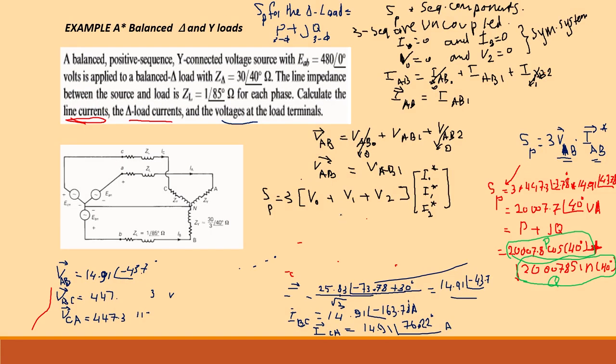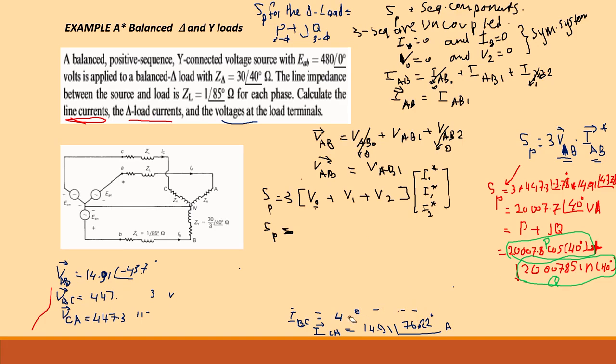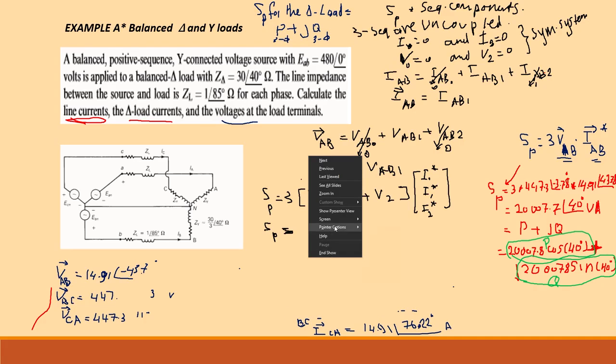Now, for this delta connected load, V naught is 0. So SP is 3 multiplied by the row of 0, V1, and V2.